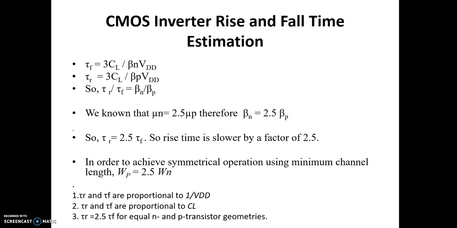But if we have to achieve symmetrical values, then the width of the P transistor should be equal to 2.5 times the width of the N transistor. And also we see that the rise time and fall time are inversely proportional to VDD, and proportional to the load capacitor CL.